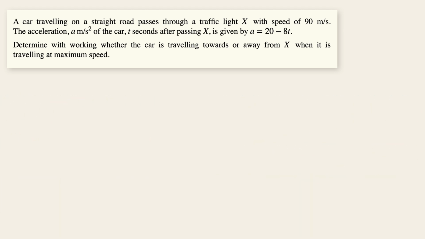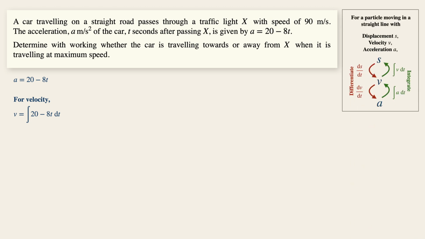So let's try to find the velocity equation first by integrating a with respect to t. I've placed a chart here for you to refer to the relationship between displacement, velocity, and acceleration. Now v equals 20t minus 4t squared plus c. Remember to put c as an arbitrary constant here, as this is an indefinite integral.